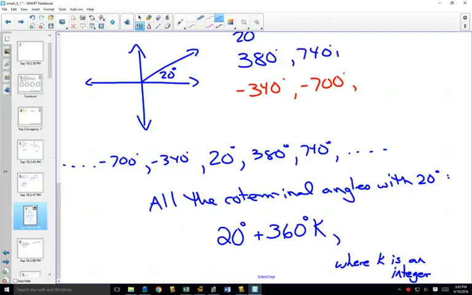Now, mathematicians tend to not be English majors, and they tend to not like to write a lot of stuff. Whenever they have to write a lot to describe something, they come up with symbols to write it shorter. 20 degrees plus 360 degrees times k, and I want to write where k is an integer in a very short way.